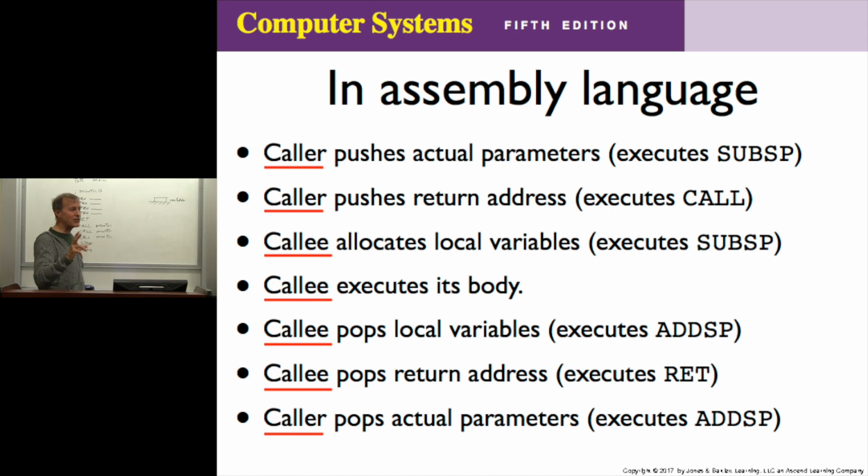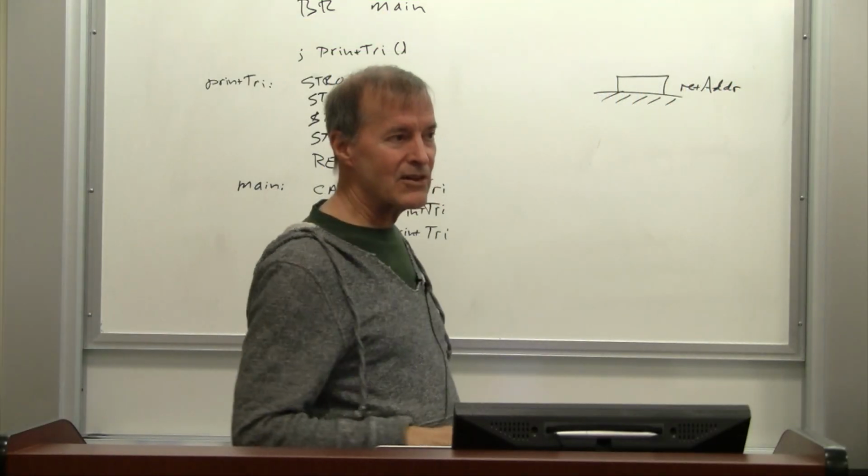So now do you see where this code is? To make one function call, there's some code before the call in the caller, then we get up to here, and then there's some code in the callee. Then it executes, and then there's some code in the callee, and then it does return, and then there's some code in the caller to do the return. Does everybody see?